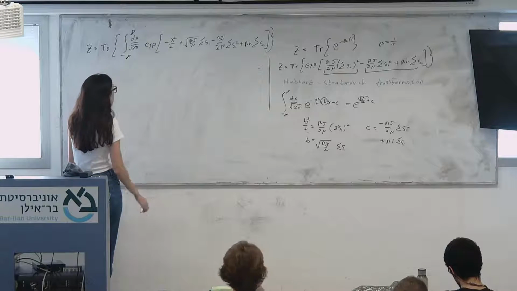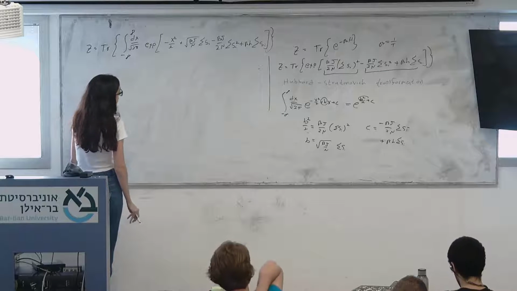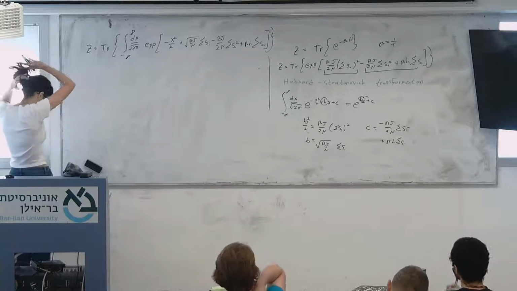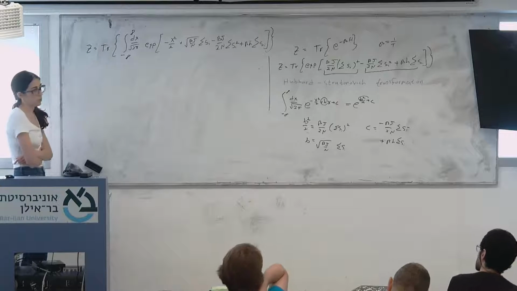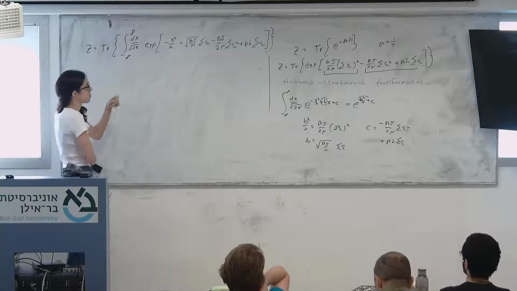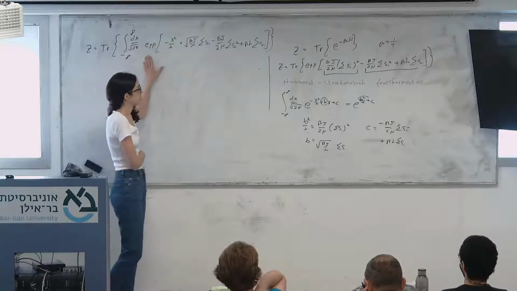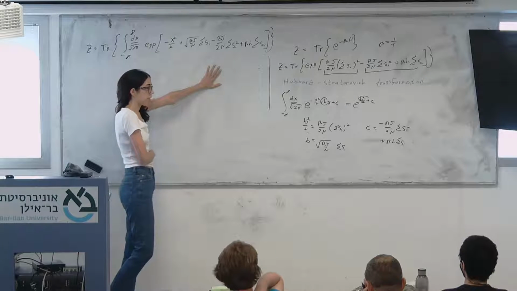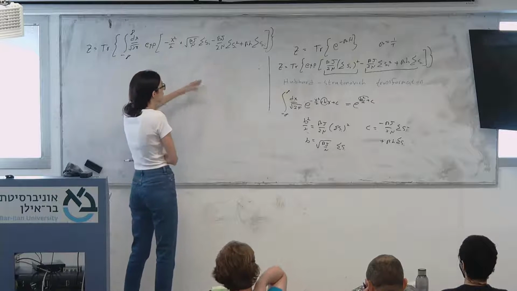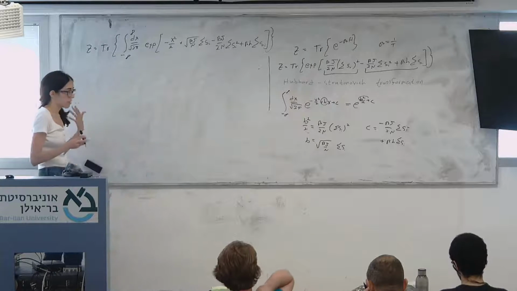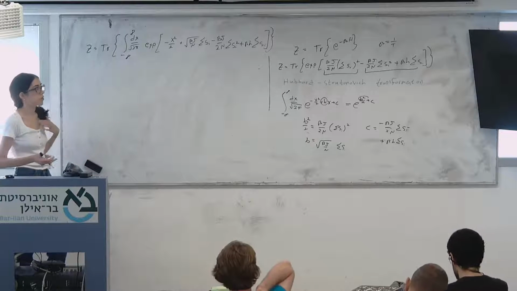Now, if you remember when we talked about the saddle point approximation, we had something that started to look similar to that, right? We had an integration and an exponent of a function. So what we want to do is bring that function to look like something I can use the saddle point approximation on.